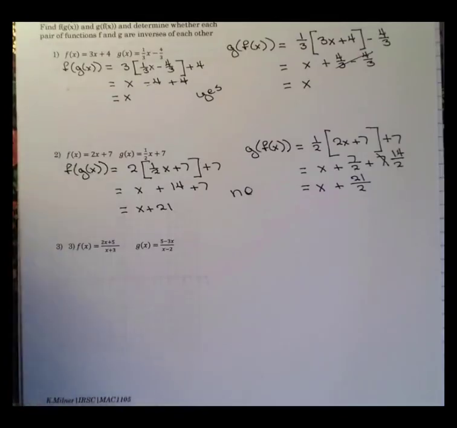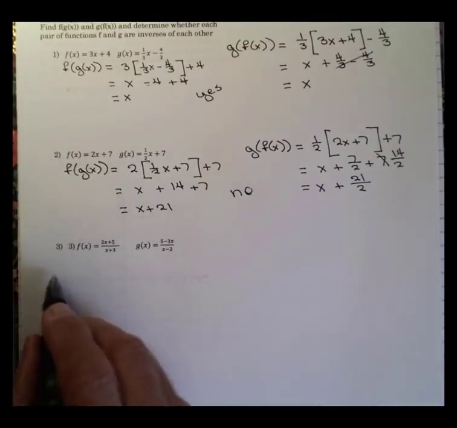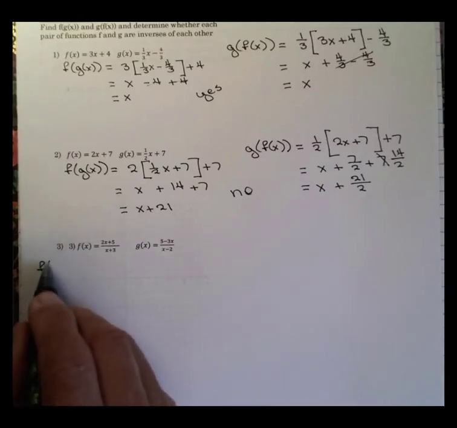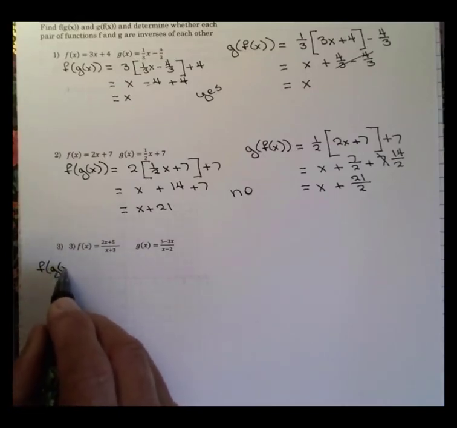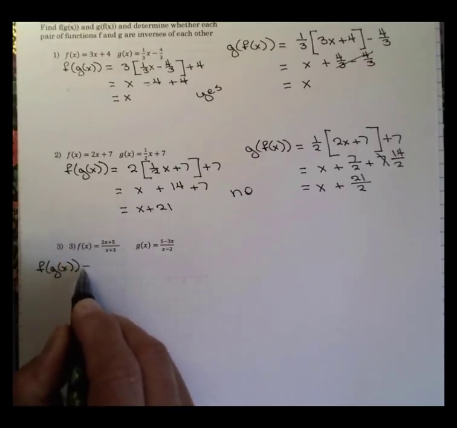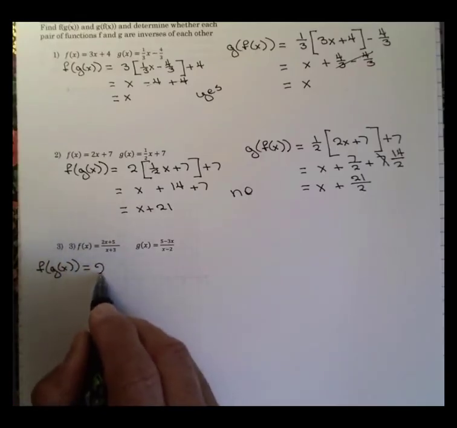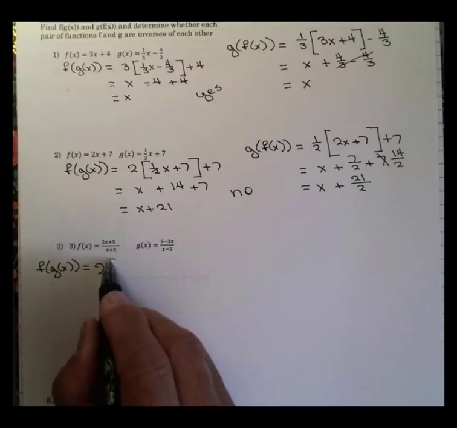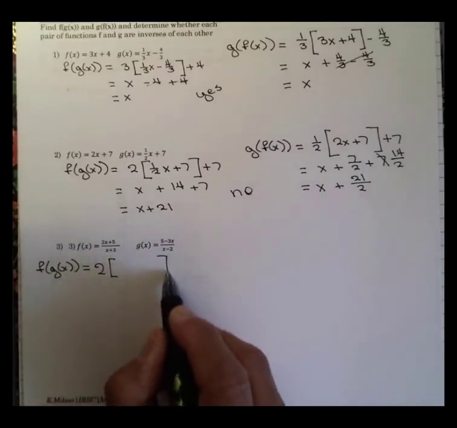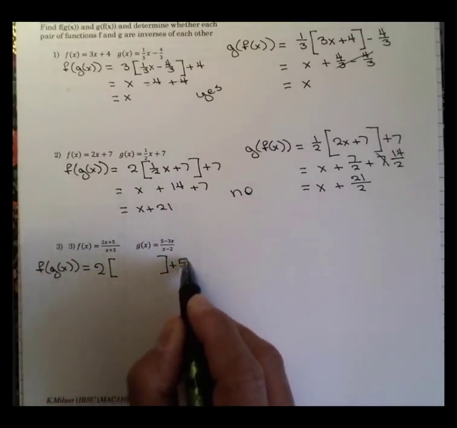Let's do another one that's perhaps a little more complicated because it's got all these fractions in it. So the first one is going to be f of g of x. I'll take the f of x function, and it's got an x in the numerator and an x in the denominator. This numerator is plus 5 here.